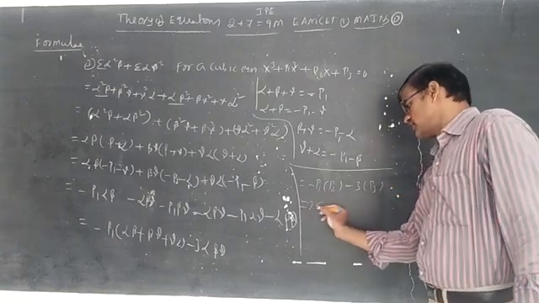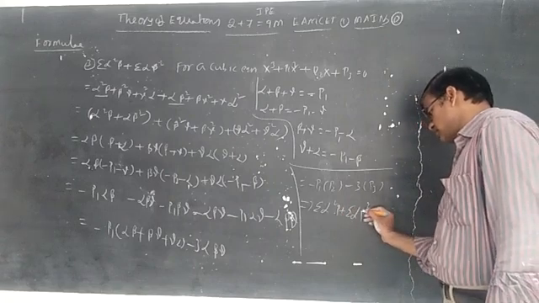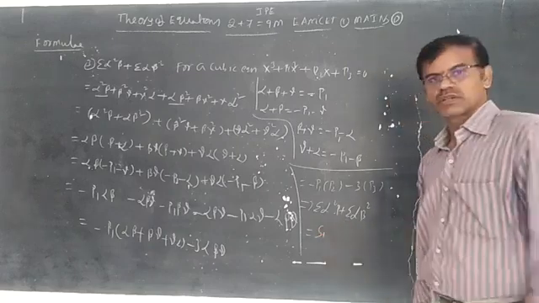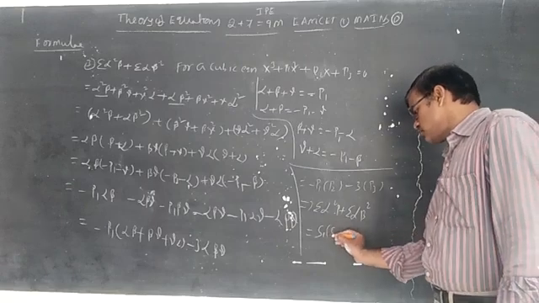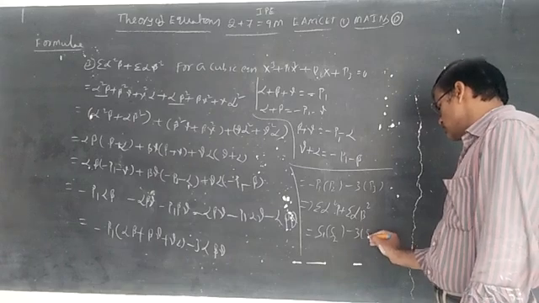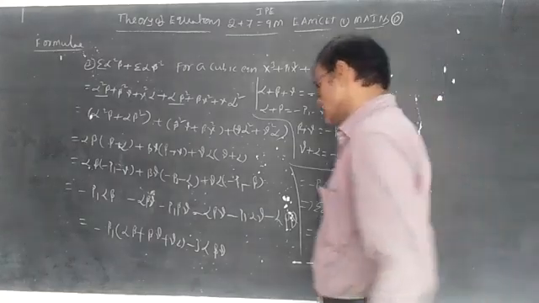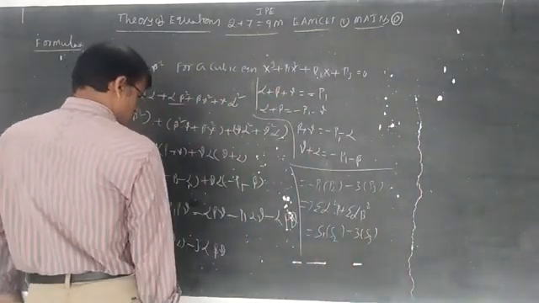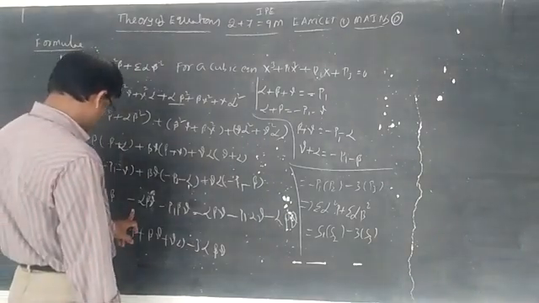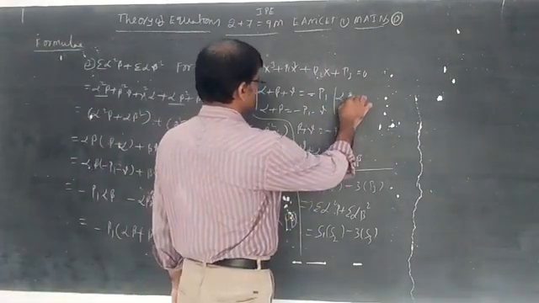That implies the formula sigma alpha square beta plus sigma alpha beta square for a cubic equation. We can write minus p1 means s1, summation of roots; p2 means s2, summation of two roots taken at a time; minus p3 means s3. So s1 s2 minus 3 s3.